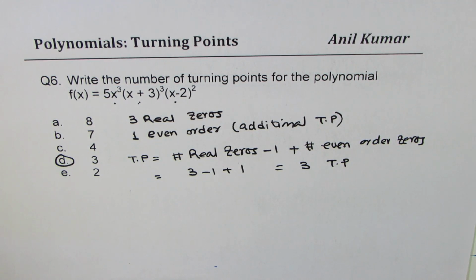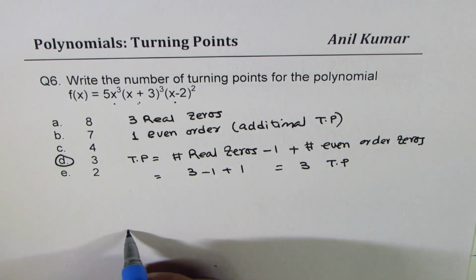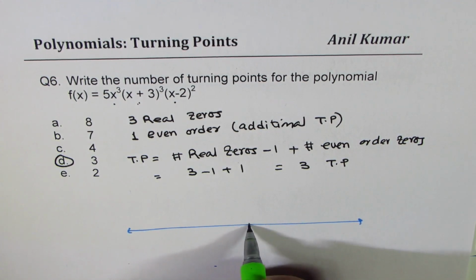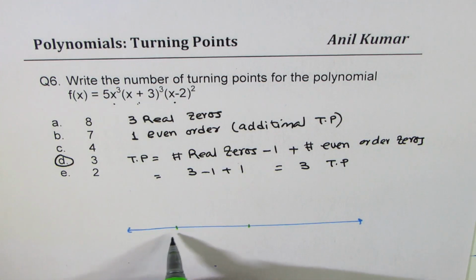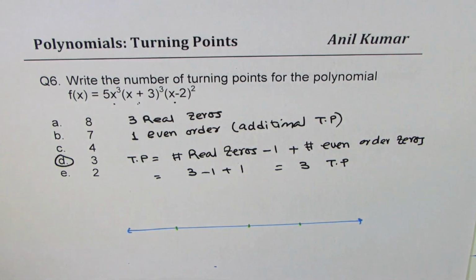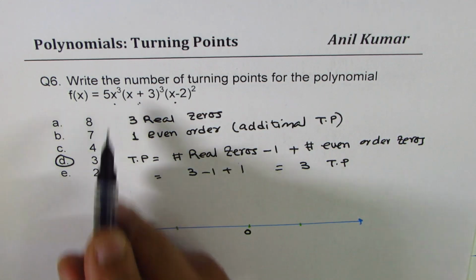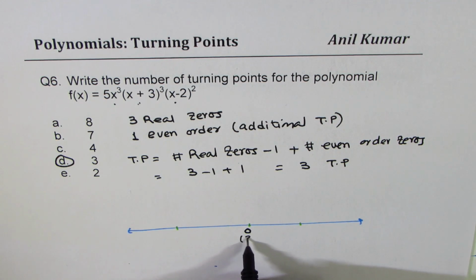Alternate method is to sketch it, right? So let me show you a simple sketch here. So we have 3 zeros. One is at 0 itself. The other one is at, let's say, minus 3, and then we have it at 2, right? So let me write down. We have a zero at 0, and here the order is 3.